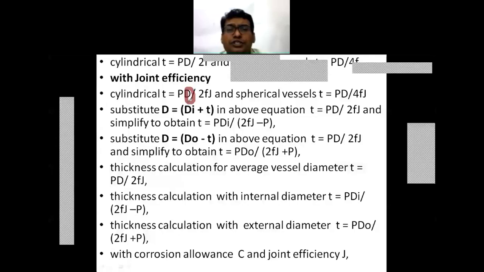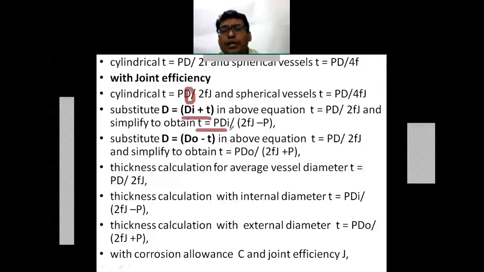Substituting this D as Di plus t, and simplifying that, you will get the thickness equal to P Di upon 2fJ minus P. And you can also substitute the average diameter D as Do minus t.